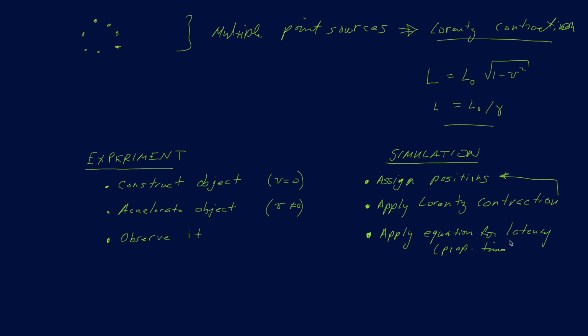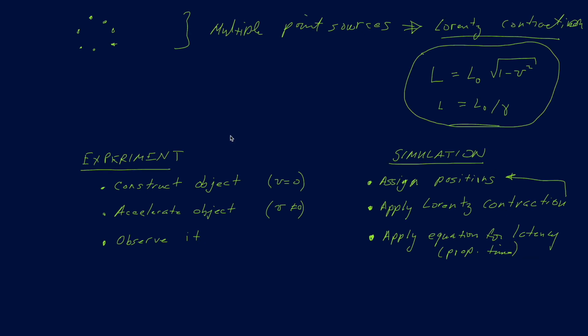That's the basic idea of the simulation. We now have a vague idea of what we want to do with our simulation, and it lines up fairly closely with the experiment itself. In real life, we construct an object, and in simulation world, what we do is we assign positions to the point sources of light which we are using to represent that object. So there's a correspondence there.